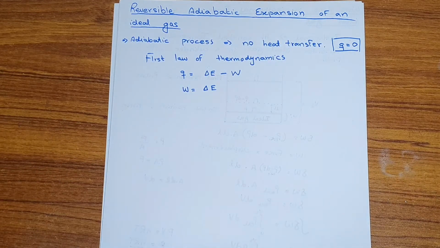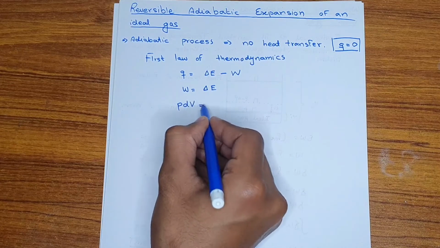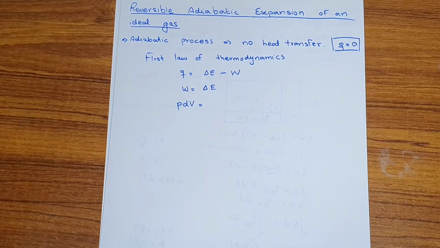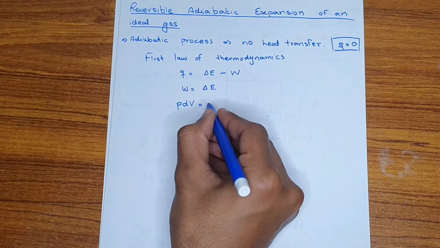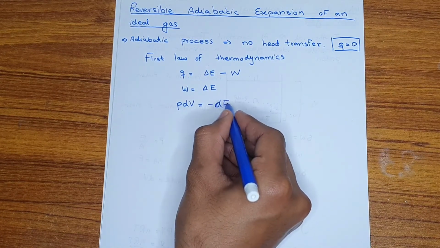And secondly, as you know that in case of the work done by the gas, we take P dV. The work done by the gas we take equal to P dV, and because work is done by the system, the energy of the system will decrease. I can write this delta E as dE.